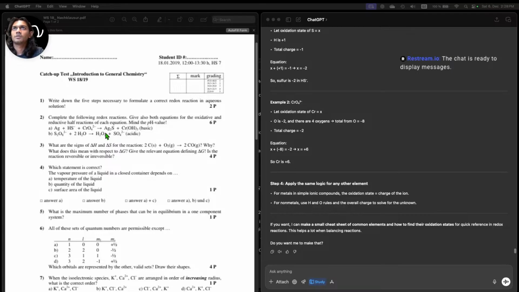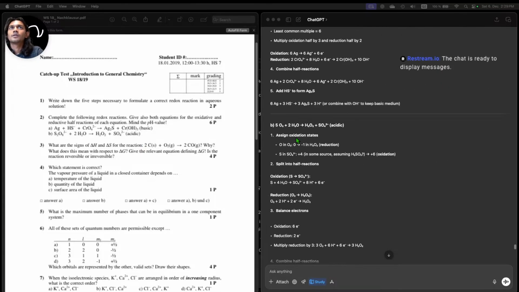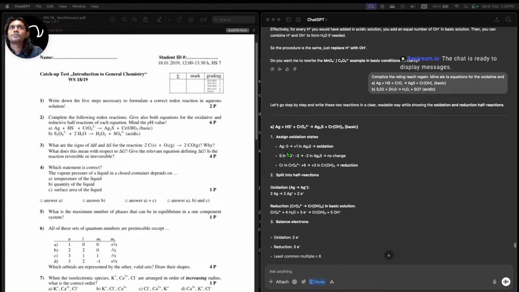So from that, we figured out 0 to +1. Okay, so it lost an electron. That's oxidation.